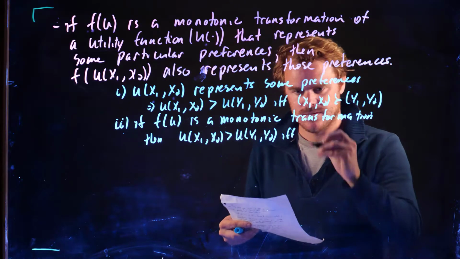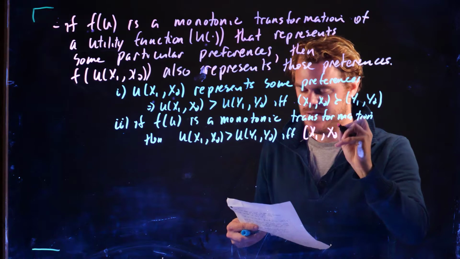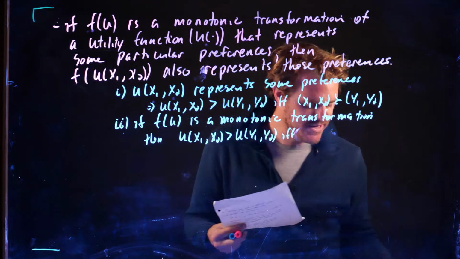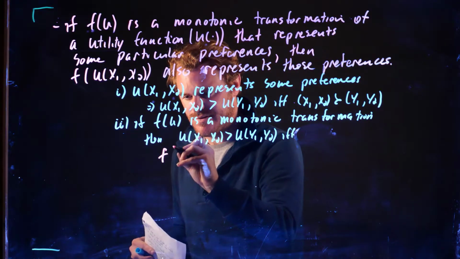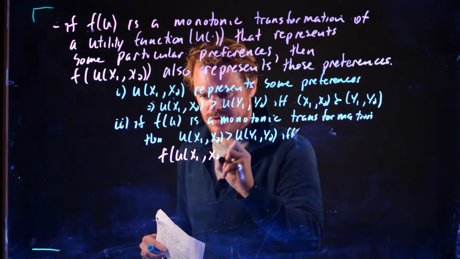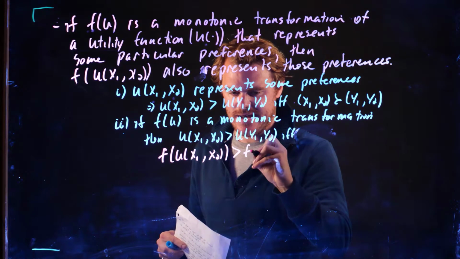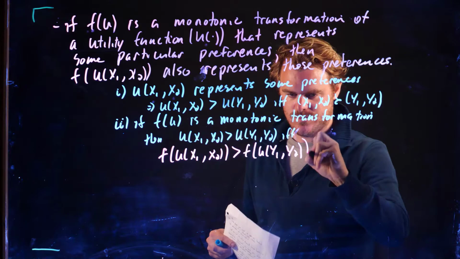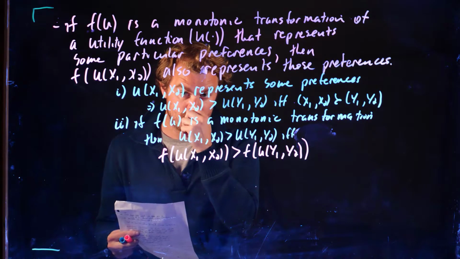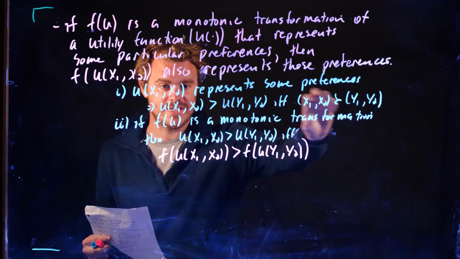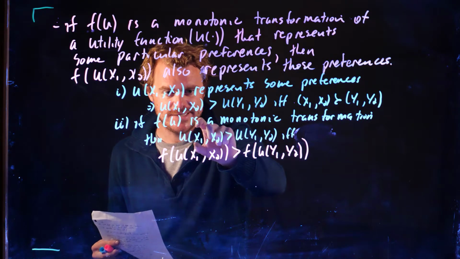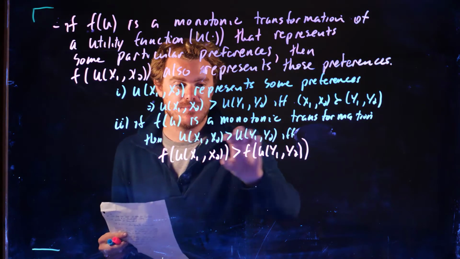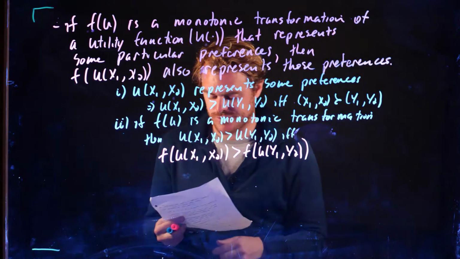So, if and only if f of u(x1, x2) is greater than f of u(y1, y2). So we're doing this monotonic transformation, and that means if the utility of x1, x2 is greater than the utility of y1, y2, then applying this monotonic transformation, that's also going to be true.